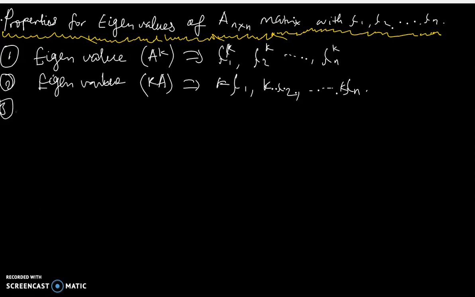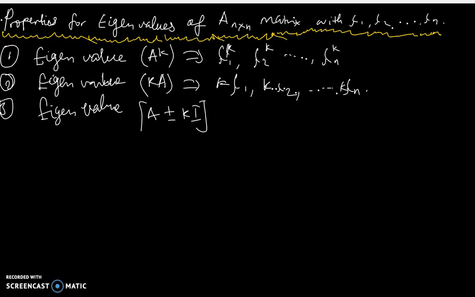The third property of an eigenvalue is that we have A, this A is our matrix, plus or minus kI, where k is a scalar and I is an identity.